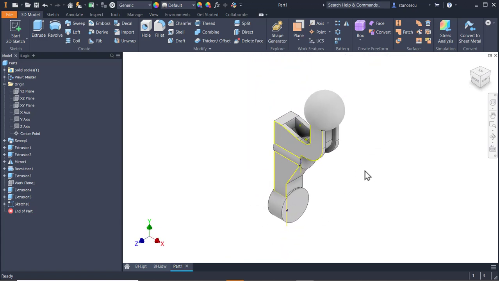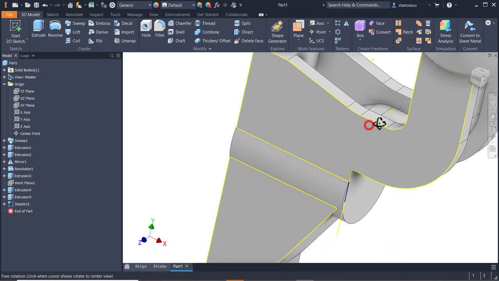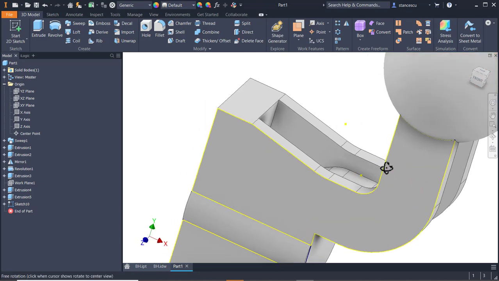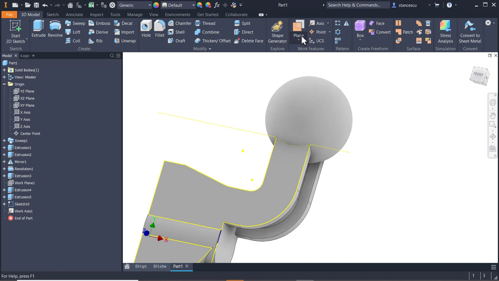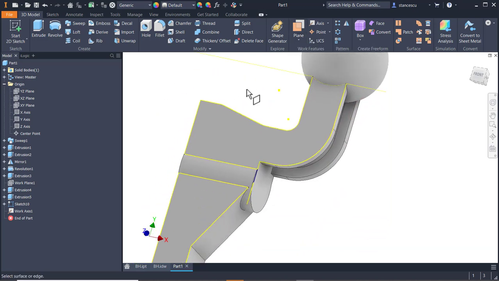Now I have to create a plane which is tangent to this and contains these 2 points, 1, 2. I create an axis between these 2 points, and then a plane tangent to surface through edge, tangent to this through this.